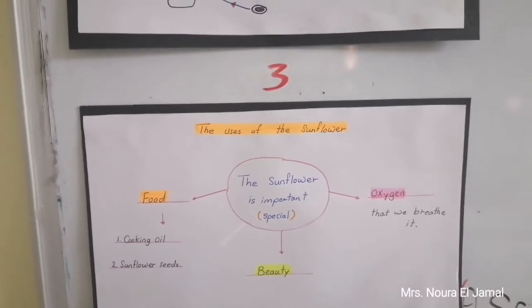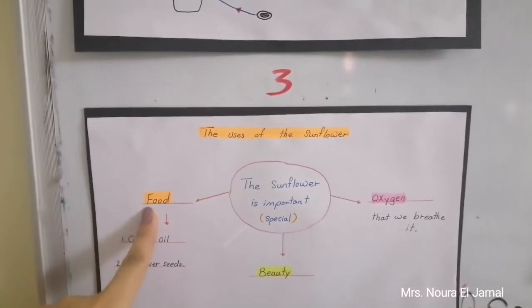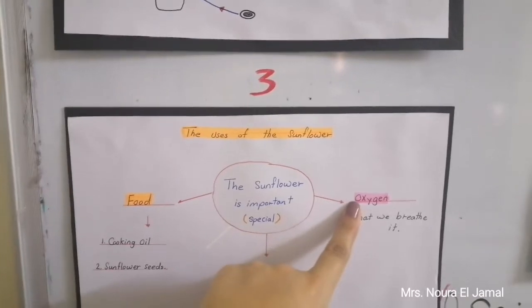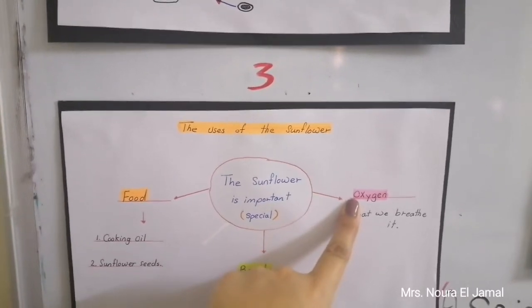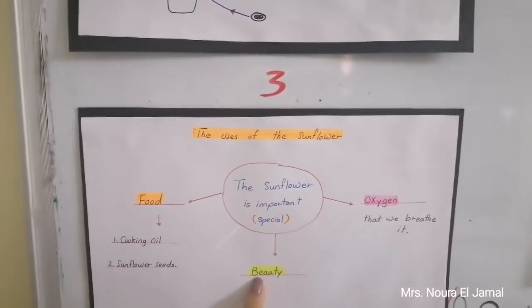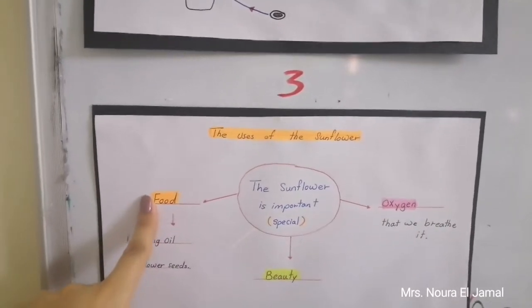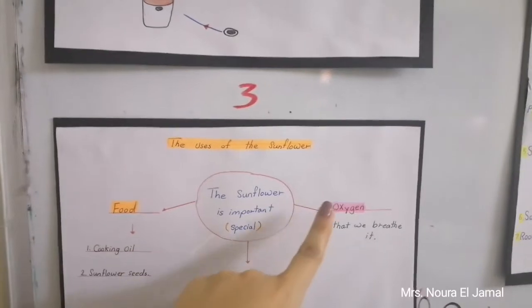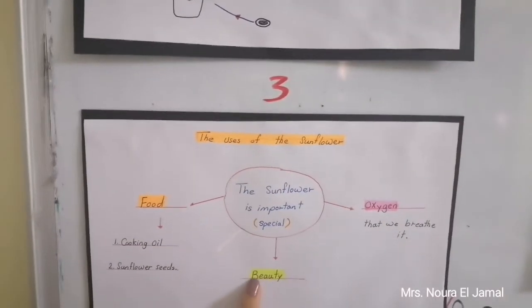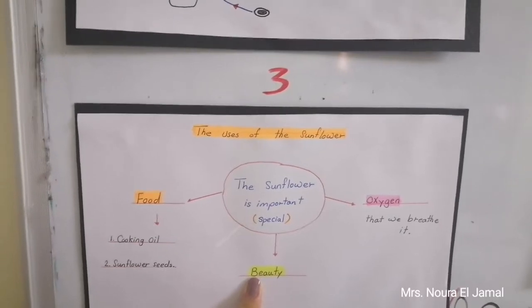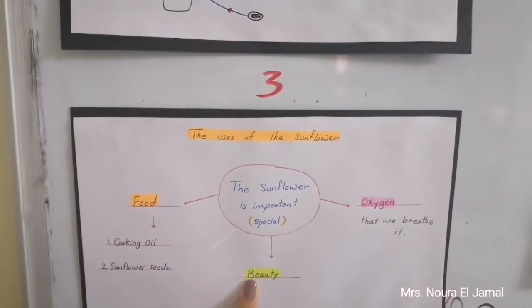The sunflower gives us food. The sunflower gives us oxygen. The sunflower gives beauty also. So the sunflower gives food, gives oxygen, and gives us beauty and color. We can decorate the place with the sunflower.